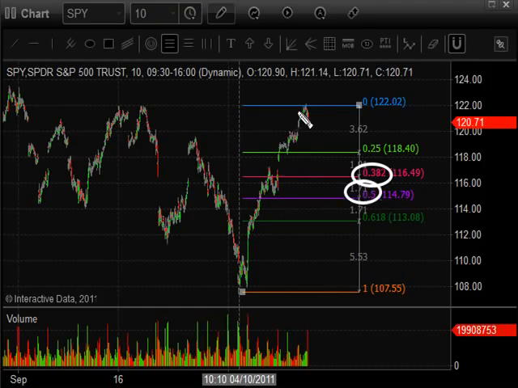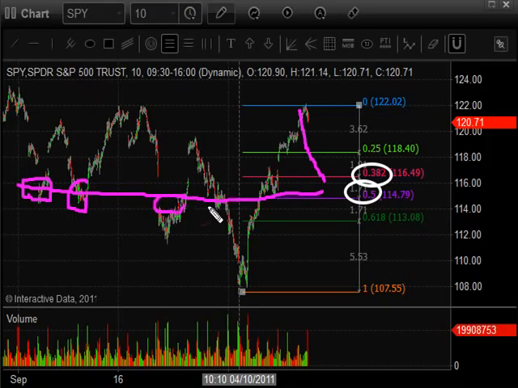So if we can get a move back down into this range, we'll be looking to possibly take a long position, simply because we'll be above these key support zones where we've had congestion, and that'll act as support as we settle down on top of it, and then likely see the market pick back up and continue to run higher.